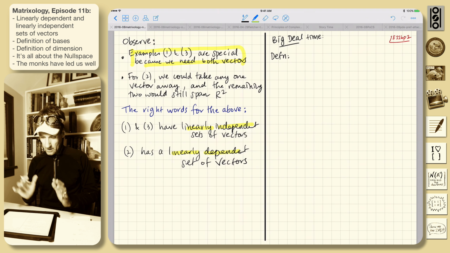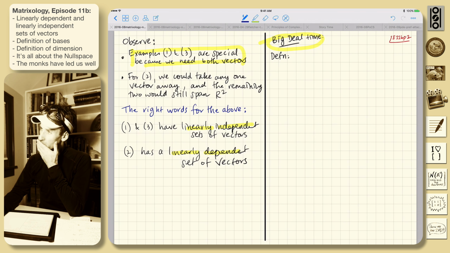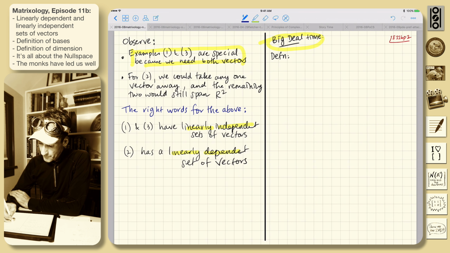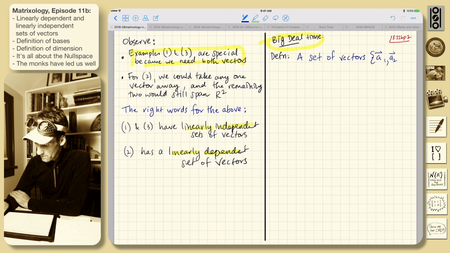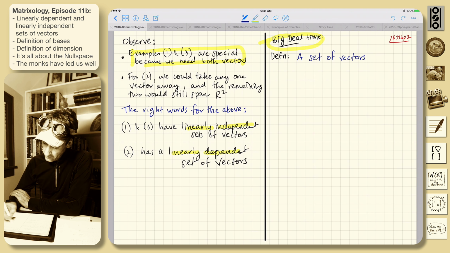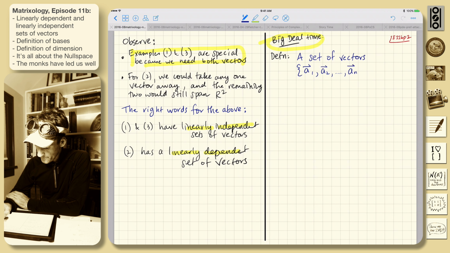Okay, good. So there's a whole bunch of definitions here, and this is a big deal. All right, let's get it right. We're going to say, very suspiciously, a set of vectors, curly braces, a1, a2, each one is just a vector, up to, let's say, an, we have n of them, in Rm.